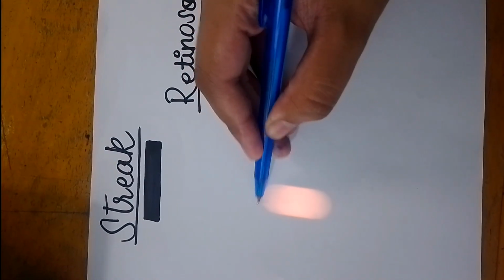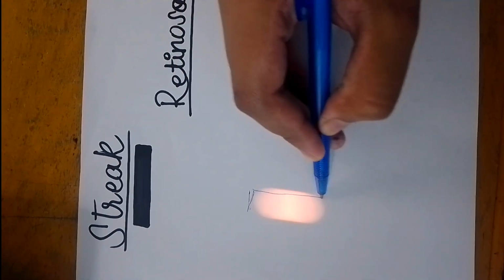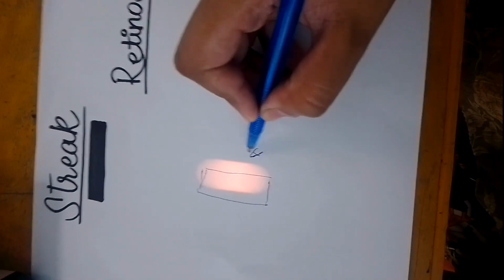Here you can see this is the streak retinoscope. This is a rectangular light, the streak of light. So what is the benefit of the streak of light? That helps us to identify the axis.